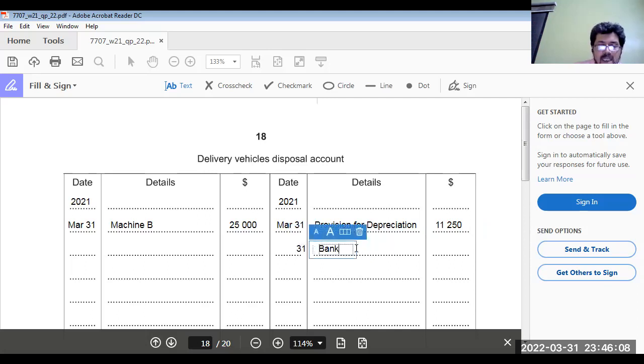So we received in bank 10,000. See, calculate. Now 25,000 is the cost minus 11,250 minus 10,000. 3,400 is what we are sustaining as loss on disposal.